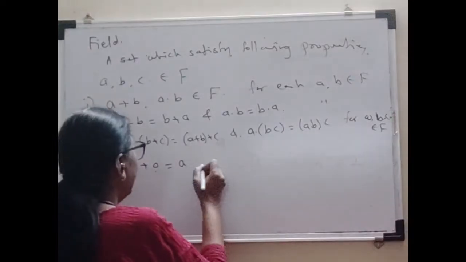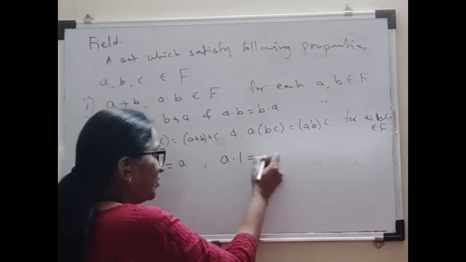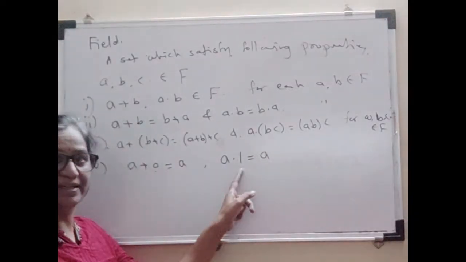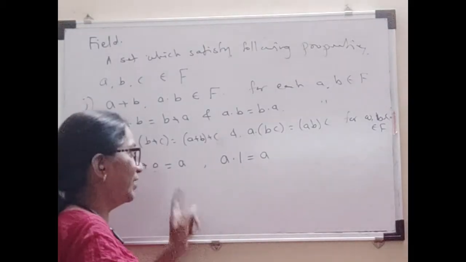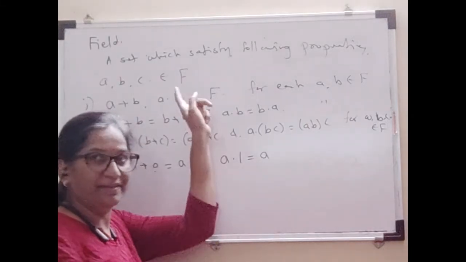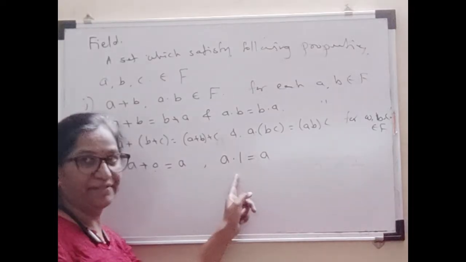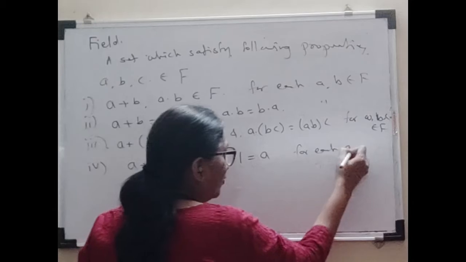In the same way for the multiplicative identity, a into 1 gives us the same number a. So here 1 is the multiplicative identity and 0 is the additive identity. There should exist 0 and 1 in the set F, or field, such that they satisfy these conditions for each a belonging to F.